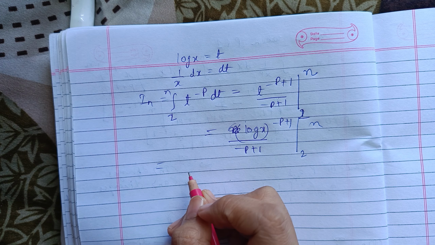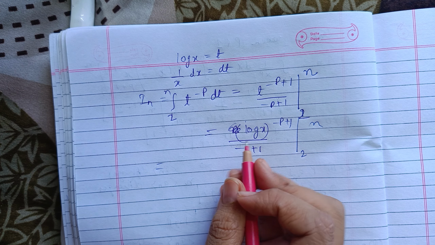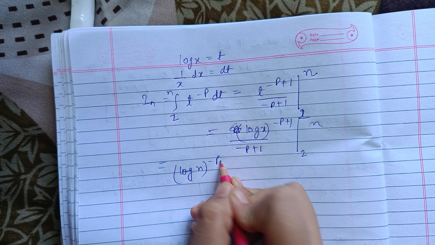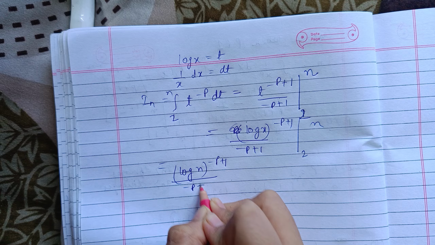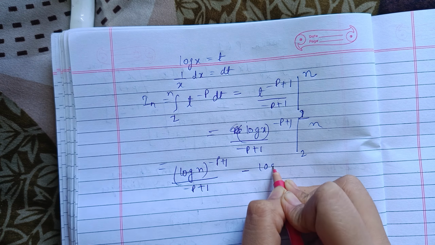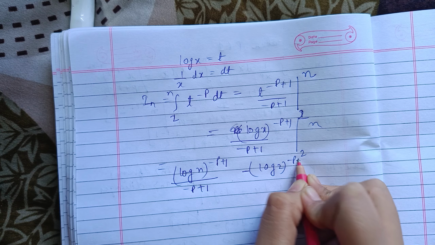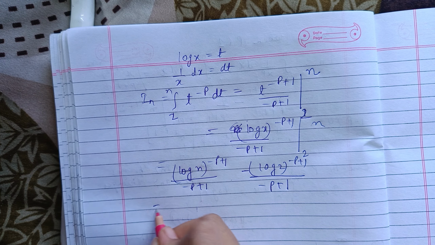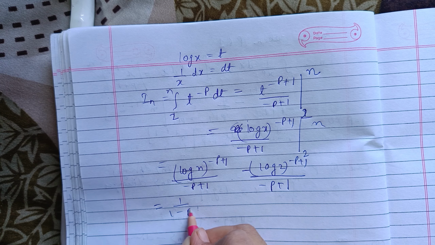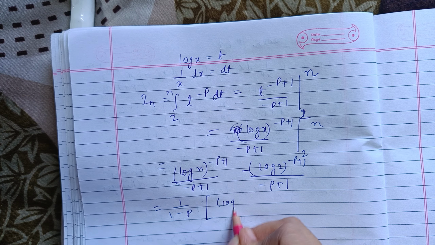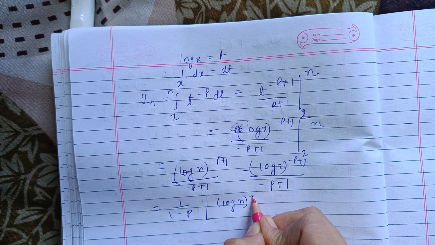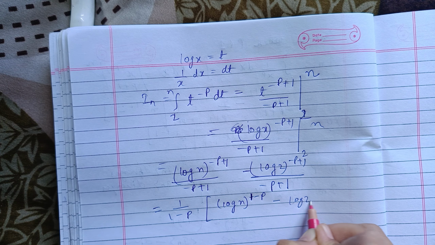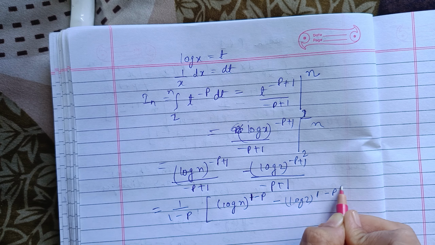Now in place of x you put n: (log n) to the power minus p plus 1 by minus p plus 1 minus (log 2) to the power minus p plus 1 by minus p plus 1. Okay, I am taking 1 by 1 minus p as common. So (log n) to the power 1 minus p minus (log 2) to the power 1 minus p.